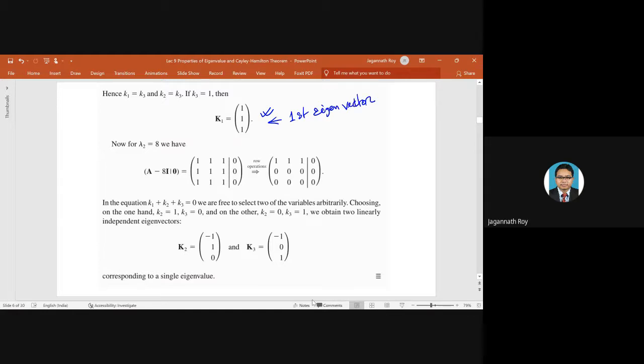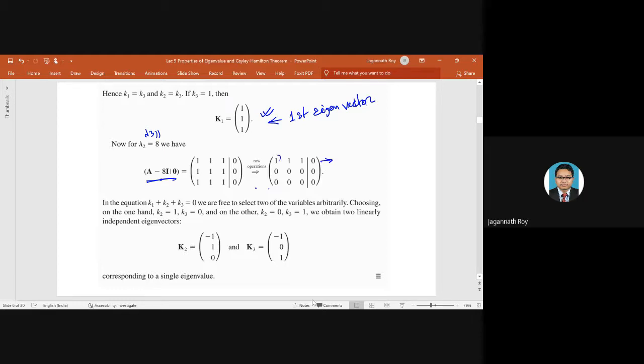Then we try to find the eigenvectors for lambda 2 and lambda 3, both of which are equal to 8. So for 8, we again take the augmented matrix and try to solve. After row operations, we can see that this system is reduced to only one equation.